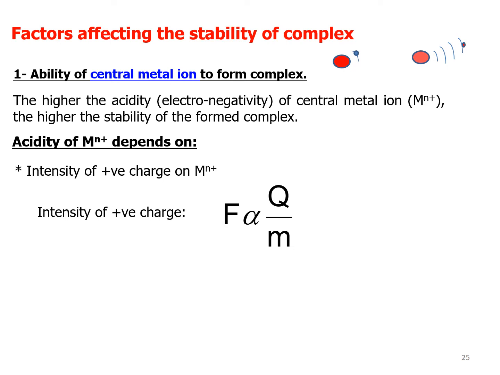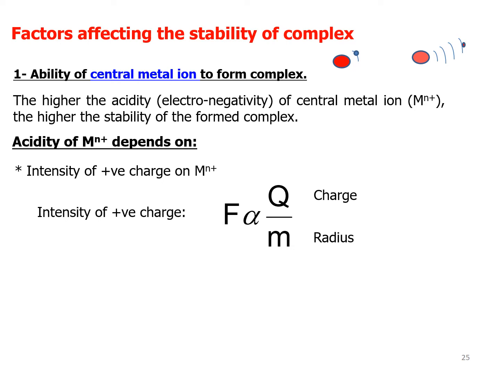It is governed by a simple formula or equation where we say the intensity, which is F, is directly proportional to the charge present on the central metal ion, inversely proportional to the radius of the central metal ion. That means if a central metal ion is dense in charges, it will eventually form a more stable complex.